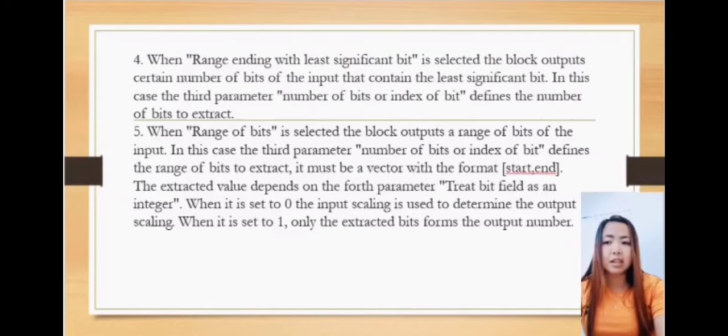In this case, the third parameter defines the range of bits to extract. It must be a vector with the format of start and end. The extract value depends on the fourth parameter, Treat bit field as an integer. When it is set to 0, the input is used to determine the output scaling. When it is set to 1, only the extracted bits form the output number.